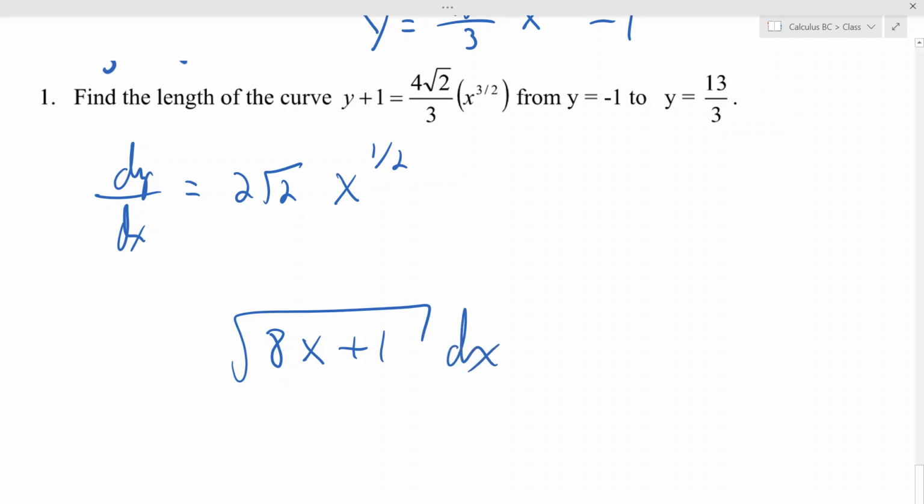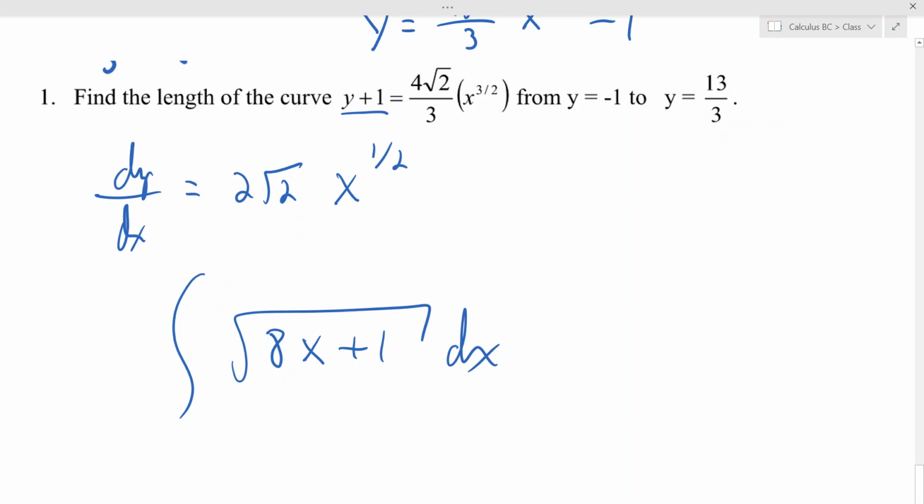dx. Now, look what I did to you. I'm so sneaky. I gave you these values, but those are y values. So we could have solved this for x, and then we'd have the limits because we'd have y in our integral. But we solved it for y, so now I have to find out what x is. If y is -1, that makes this side 0.